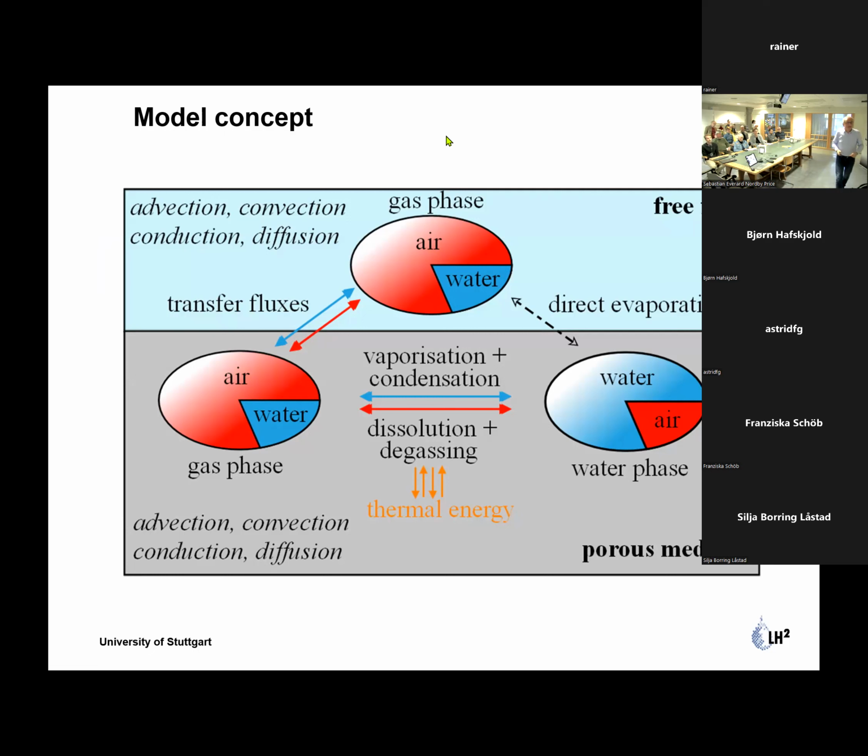That means for the porous media, we have a multi-phase, multi-component, non-isothermal concept, with local thermal equilibrium. And in the free flow, we have one phase, the gaseous phase. And of course, we can describe advection, convection, conduction, diffusion, evaporation, condensation, degassing, and so on. Okay, that was the idea. That's the model concept that we used.